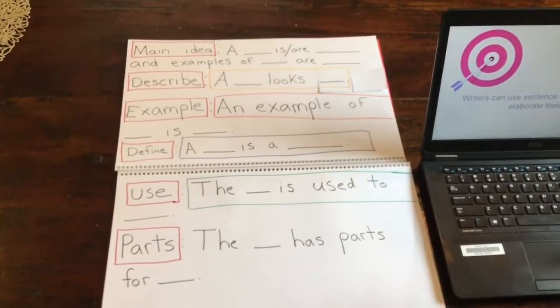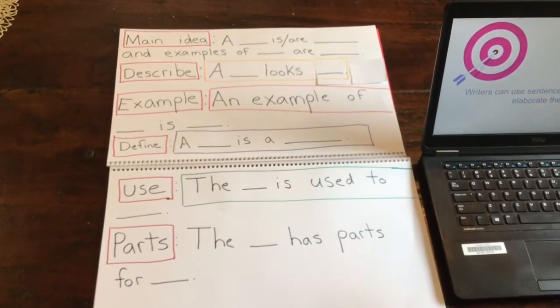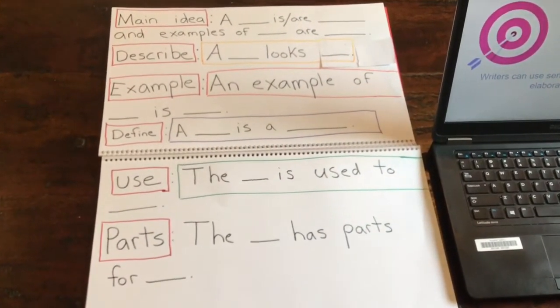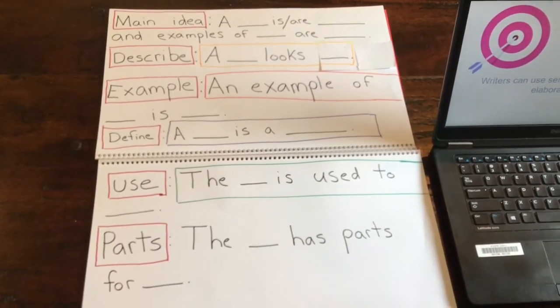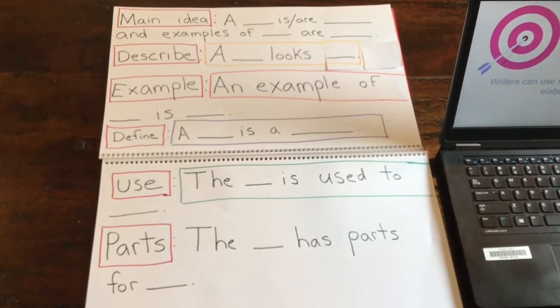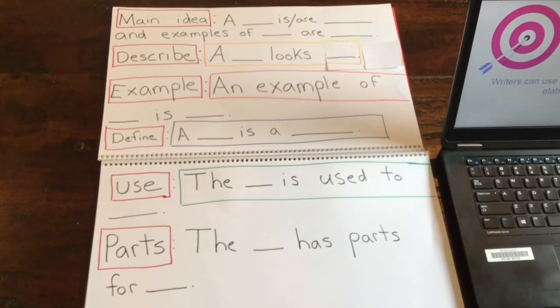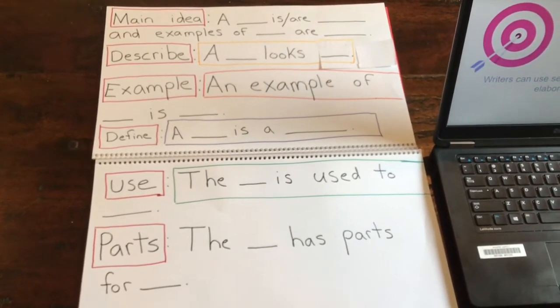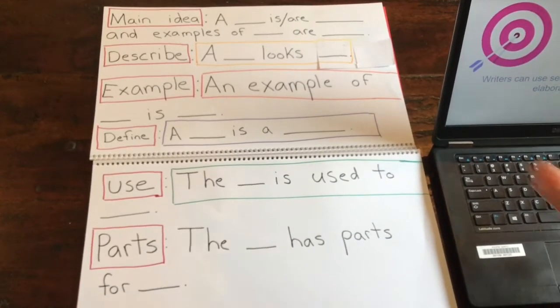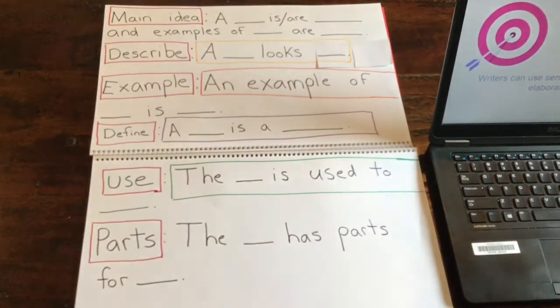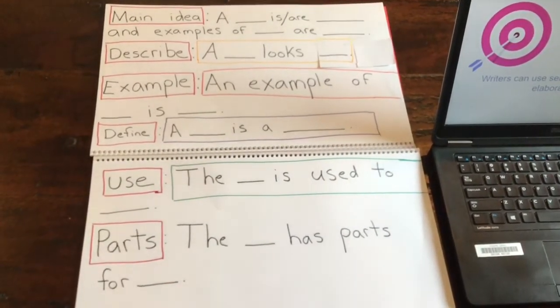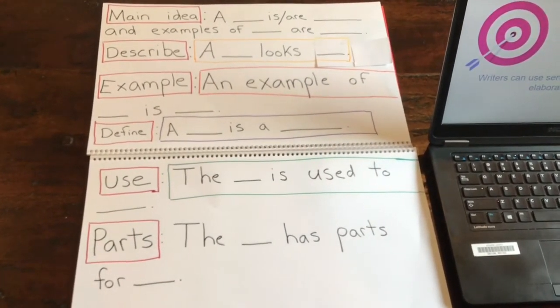I wrote you a sentence frame for main idea, even though that isn't part of elaborating, just because I thought it might help you. So when you are writing your topic sentence, your main idea sentence, you could use this: A, is or are, depending on what it says, and examples of are. In my writing today, you'll see an example of that.